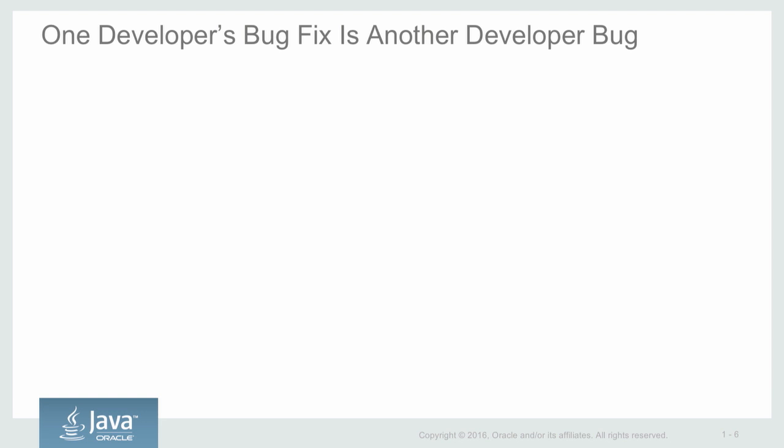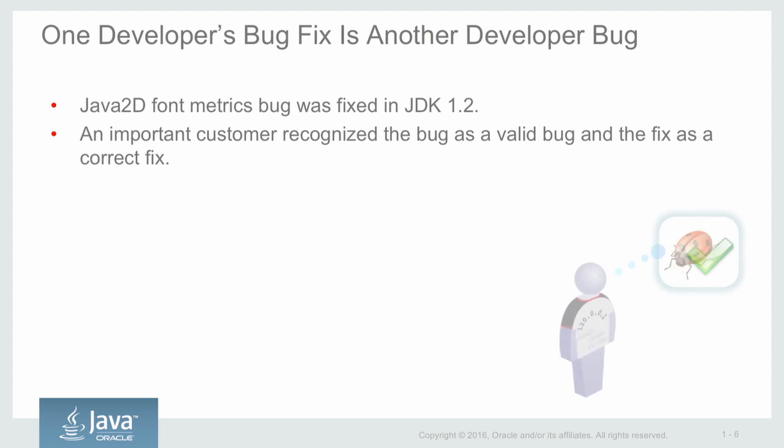Now, there's one caveat. Any change that we do to the JDK is potentially a bug for somebody, even when we fix bugs. As a case in point, back in JDK 1, there was a bug in Java 2D on the font metrics. It was recognized as a bug, and we fixed it in Java 1.2. As soon as we did, an important customer comes and tells us, you know what, we agree, that was a bug, and this is indeed the correct fix.